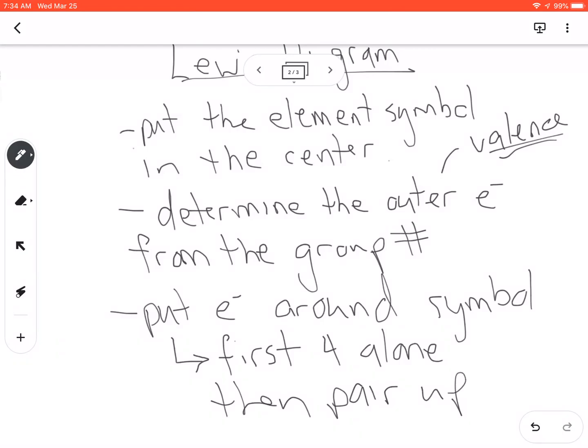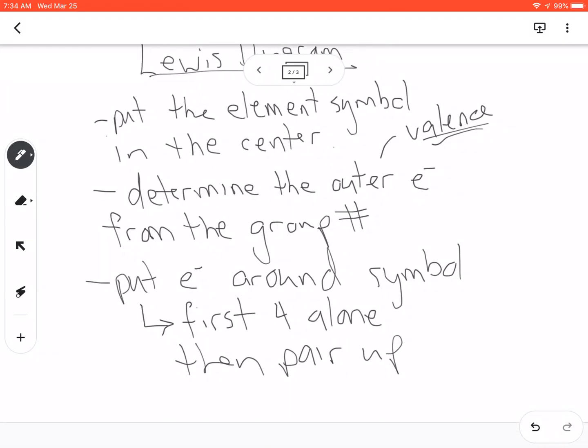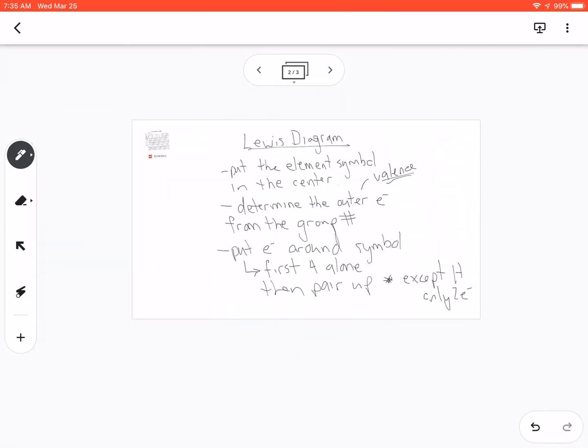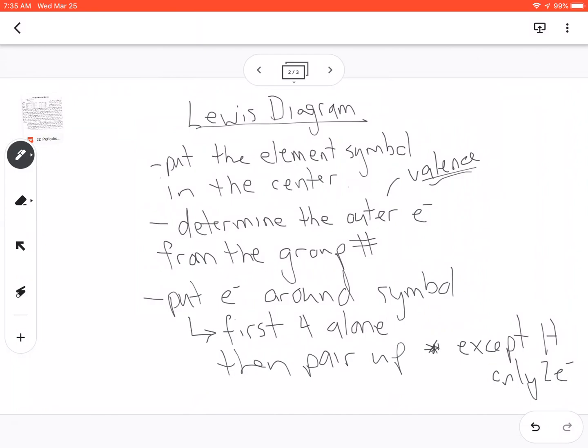That's kind of like what I was talking about yesterday, where you can think of the spaces in the orbit as kind of bedrooms, and there's 4 bedrooms, and the first 4 get their own bedrooms, and then the 5th has to share. Now there's a special case. Hydrogen is special. Except hydrogen. Hydrogen only has 1 bedroom. Hydrogen only gets 2 electrons. All right. So that's how we draw a Lewis diagram.